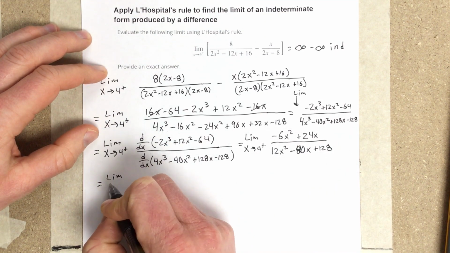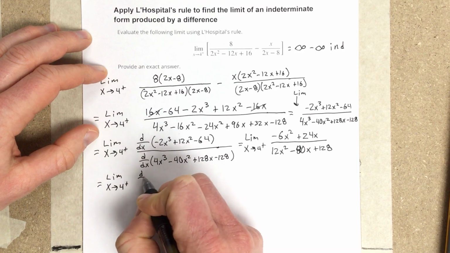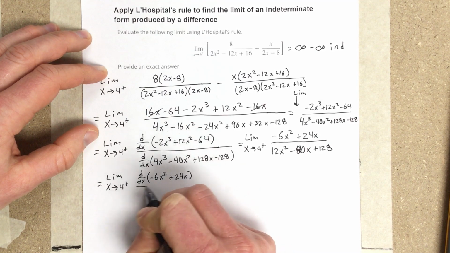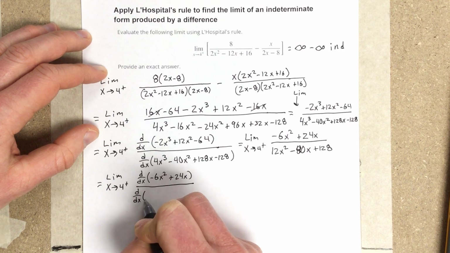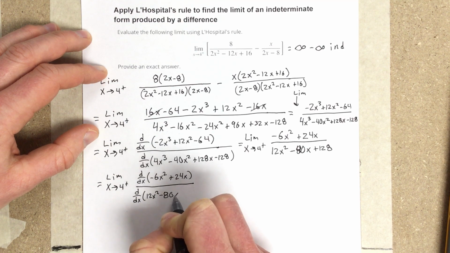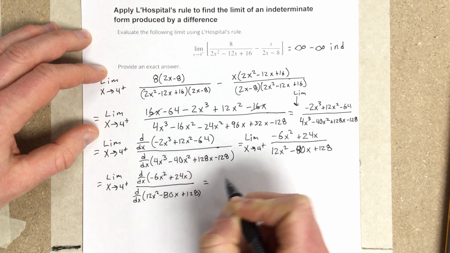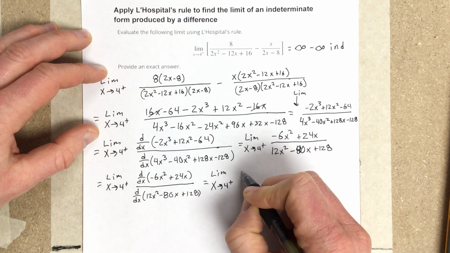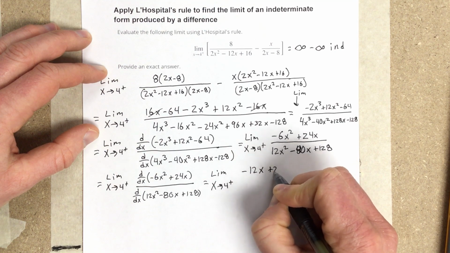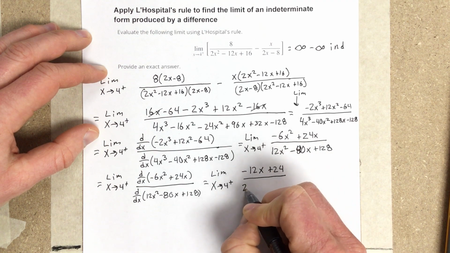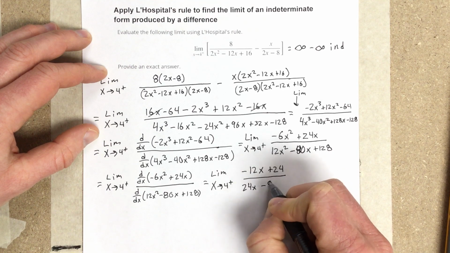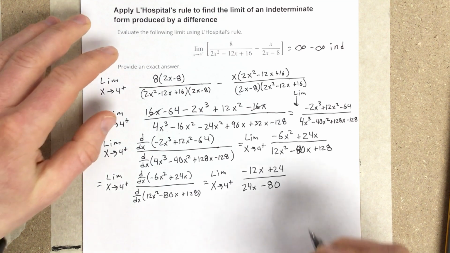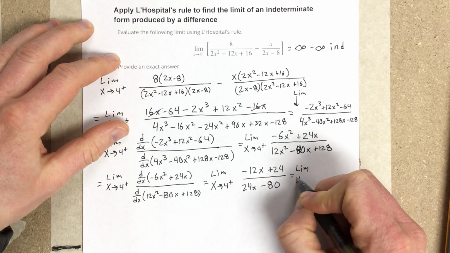So we're going to say limit as x approaches 4 from the right, derivative of the top over derivative of the bottom. When I take the derivatives, I get limit as x approaches 4 from the right, negative 12x plus 24 over 24x minus 80.